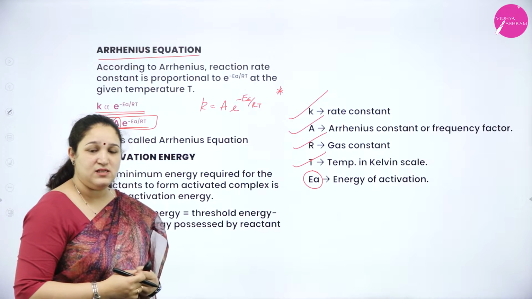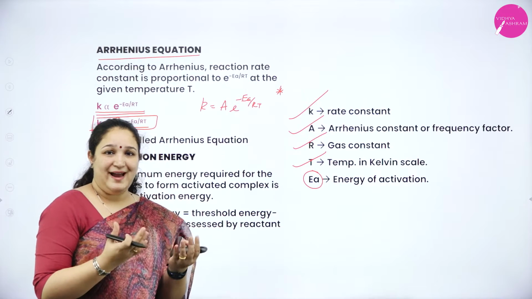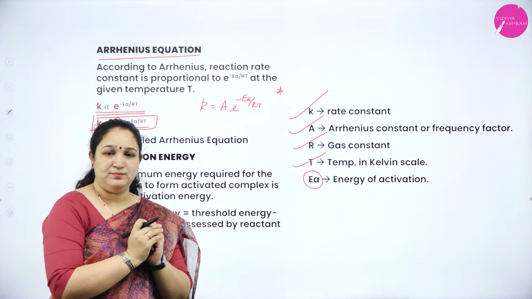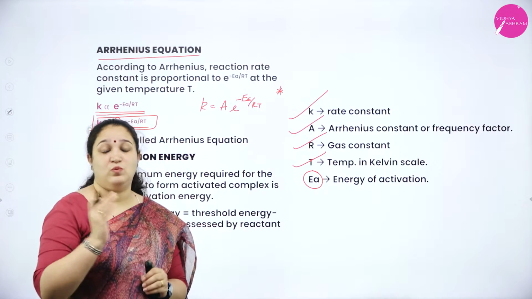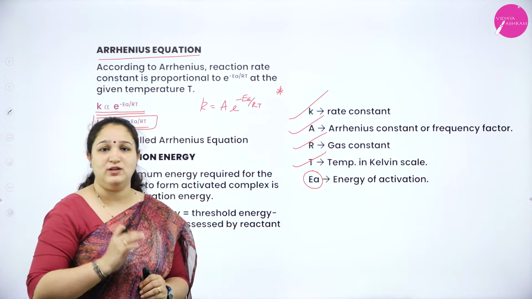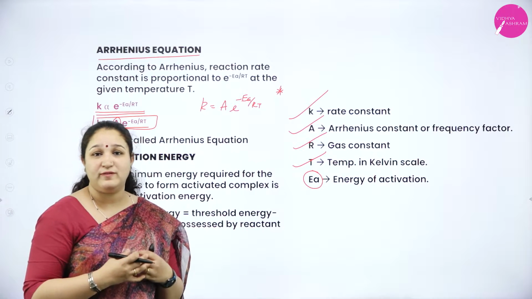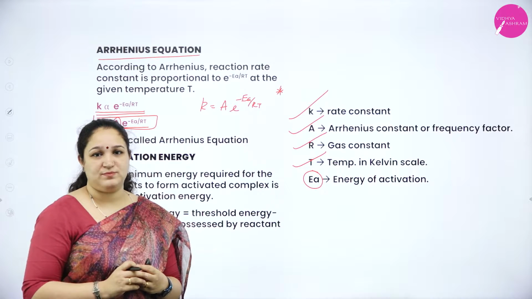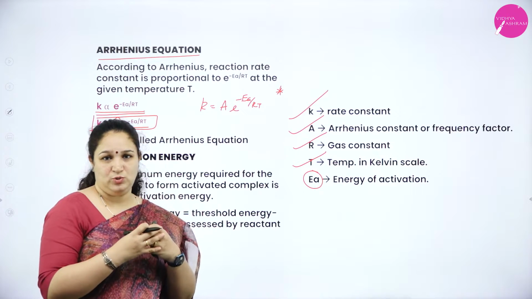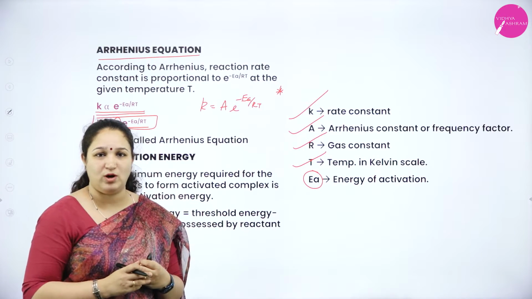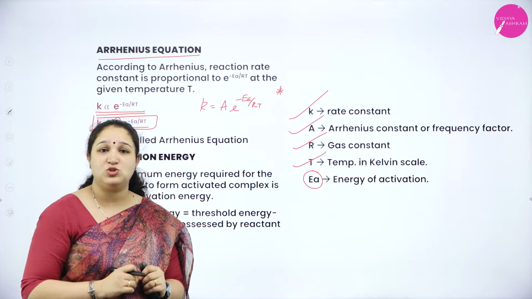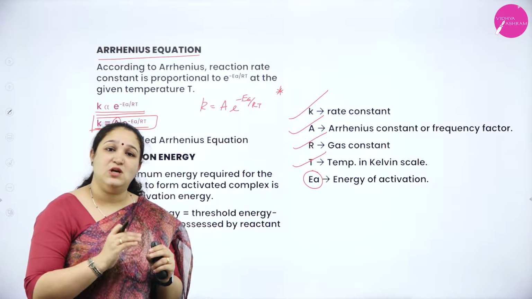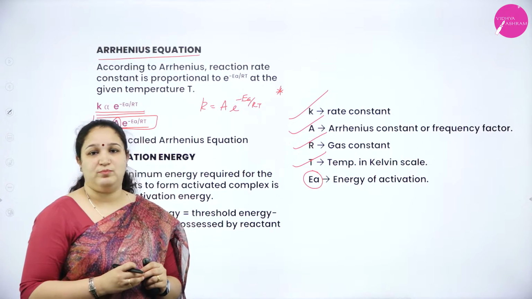According to Arrhenius, when the reactants collide with one another, all the collisions will not lead into product formation. What we have learnt, when the reactants collide, they will form products, or they will react with one another during this collision and they will form products, isn't it? But Arrhenius told that all the collisions will not lead into products.